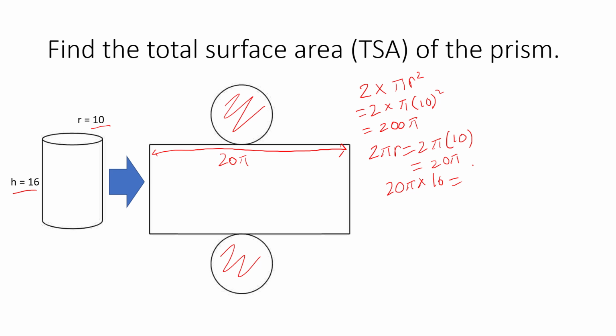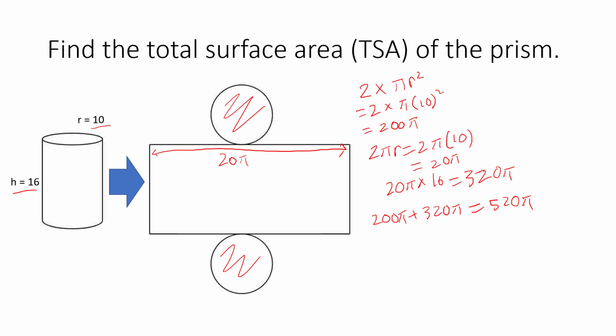So take out your calculator. 20 times 16 gives me 320 pi. So what I need to do is 200 pi plus 320 pi, which will give me 520 pi.